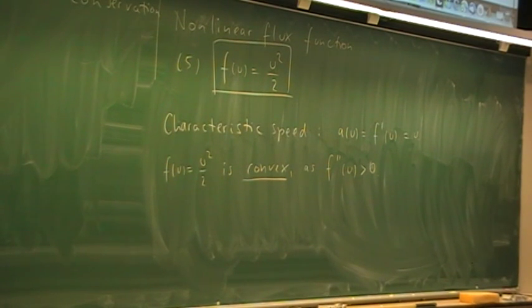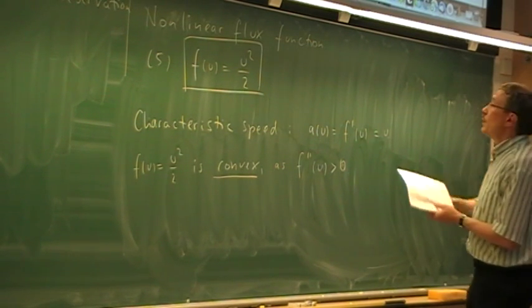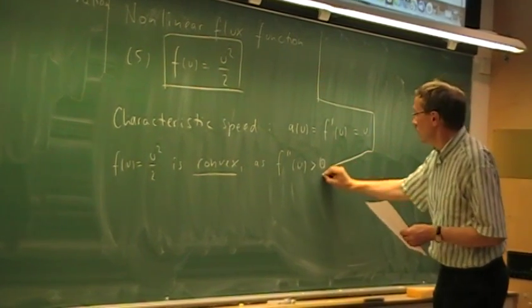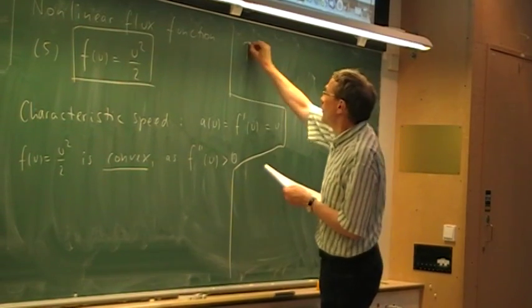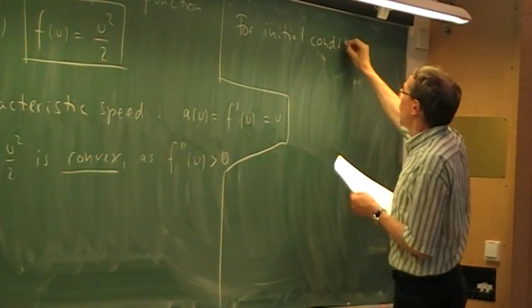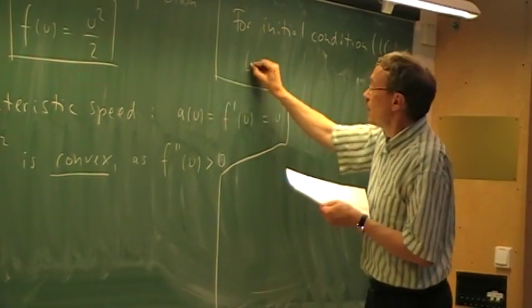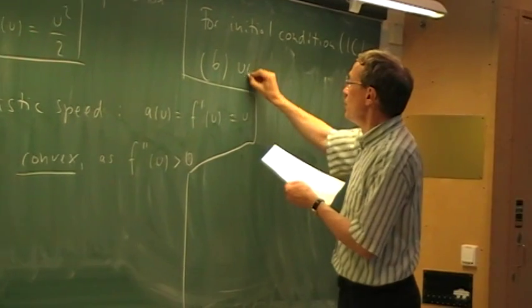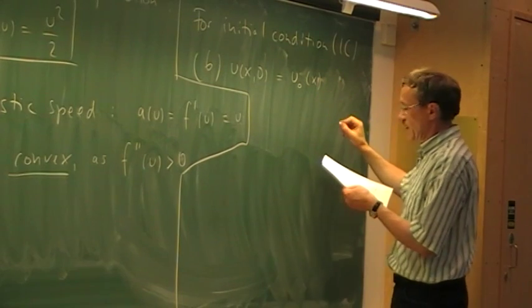Good. So then we try to understand a little bit more about this equation and its solution. So let's assume that we have an initial condition, IC, we assume that we have u given at the time t equals 0 as a given function u0 of x.